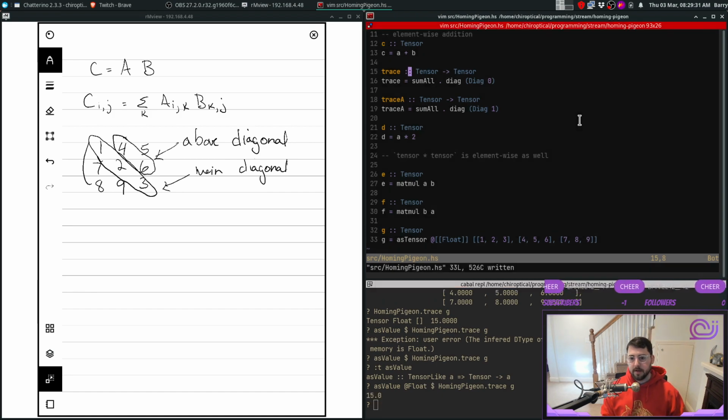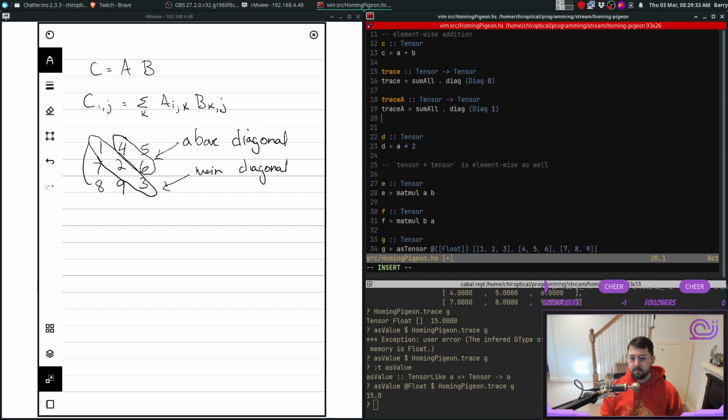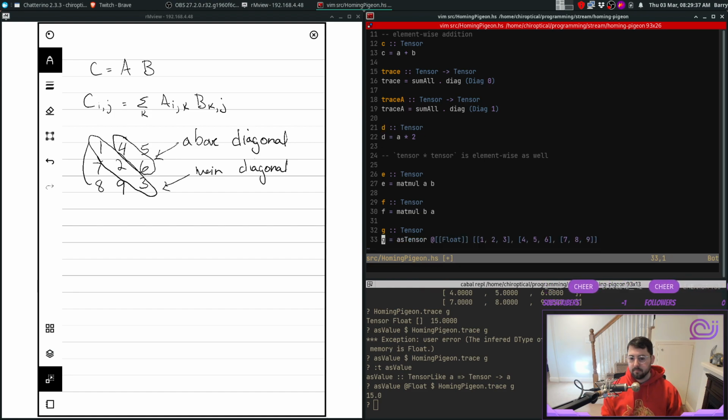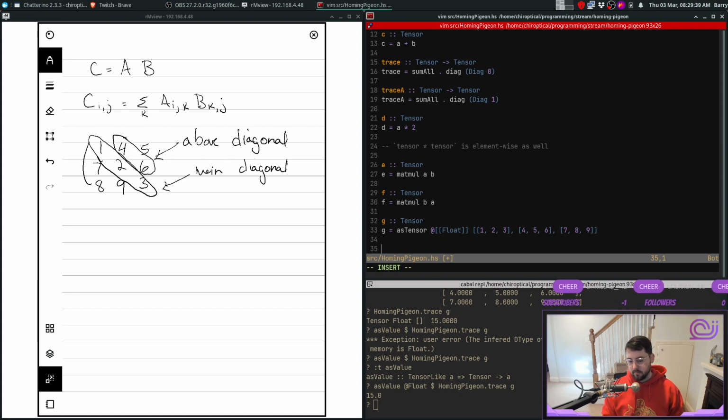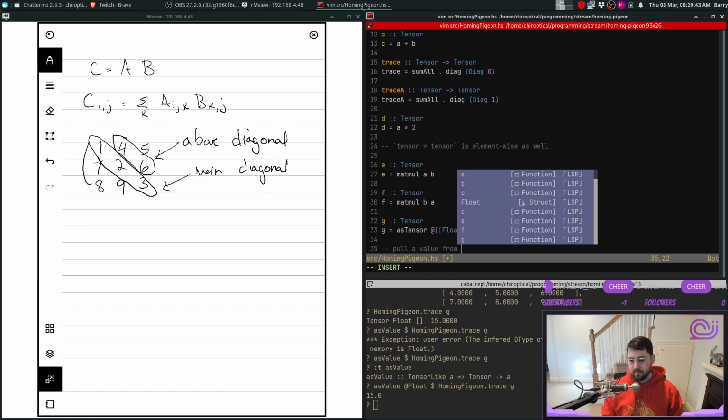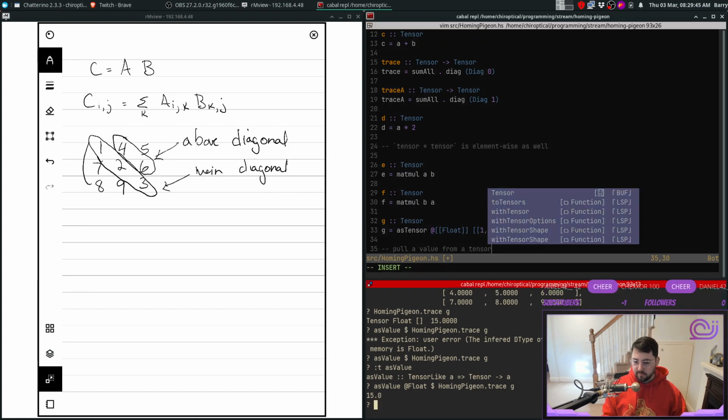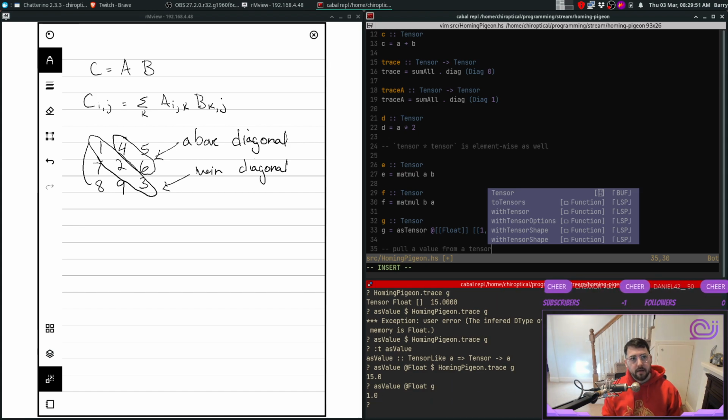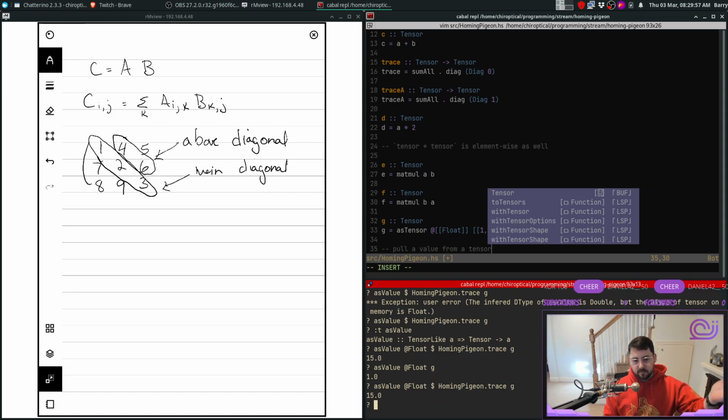Okay, so pull a value from a tensor. What happens if it's the whole thing? It just gets the first one? I find that a little odd, but it just gets the first element in there.